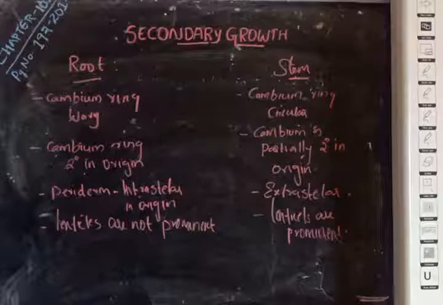And the periderm is intrastelar in origin, that is, it originates from the pericycle, whereas in dicot stem it is extrastelar in origin. It originates from the cortical cells, and the lenticels are not at all prominent in dicot root, whereas lenticels are very prominent in dicot stem.